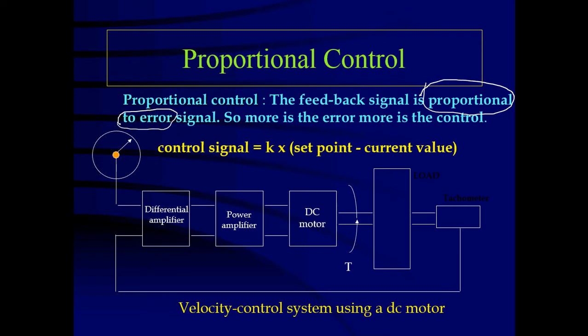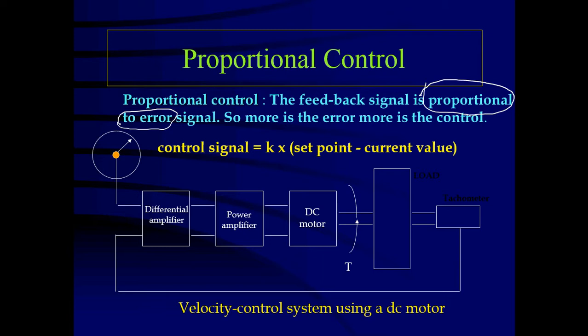So what does it mean? The more error, the more control. The less error, less control. That's what this means. So this control system is pretty good. It's fast, but it has other problems. We'll see it. So the more error, the more the control.